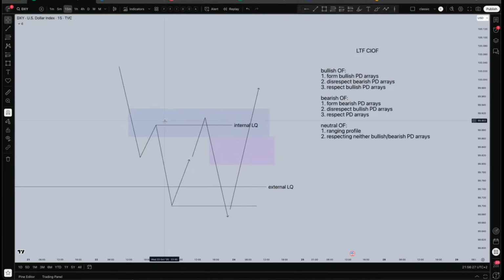You also want to watch this one here, but you can be more aggressive here if price double sweeps a weak high into the key level or this external low and then runs up higher. And if you have the same criteria, we form bullish PD arrays in this leg up higher here. We invert the ones on the sell side. And then we also get a candle closure above the strong high. Then that's a really high probability change in order flow, which you can use as your trade entry confirmation.